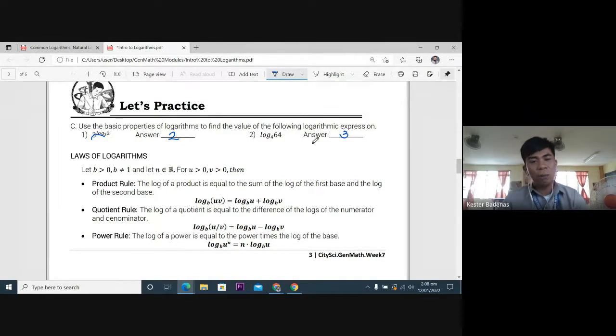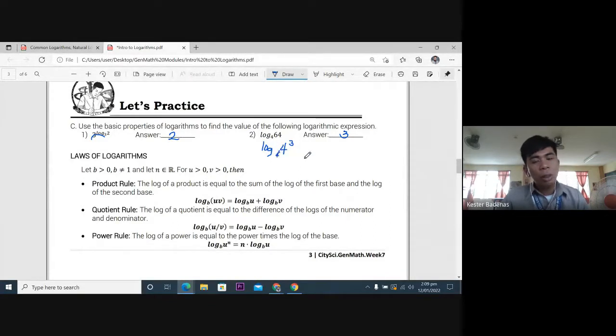Bakit? Ganito. 3 siya kasi, di ba, 64, when we write that in its base, based on what we have learned in the exponential function, 64 is equivalent to 4 cubed. Tama? Kasi 4 times 4 is 16, times 4, it's 64.